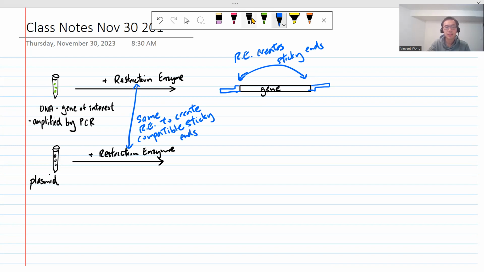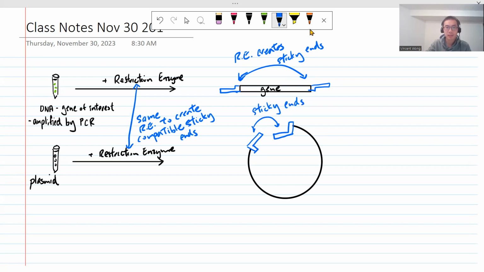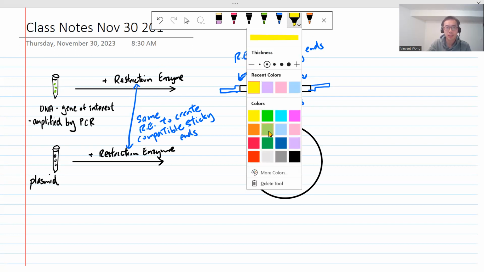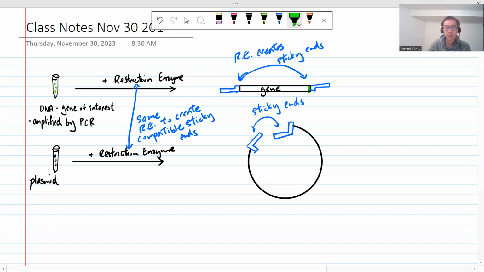All right. So there is going to be your plasmid, and we're going to be cutting it open, and you will have the sticky ends like that. So again, sticky ends. And let me just color the gene green. Like that.